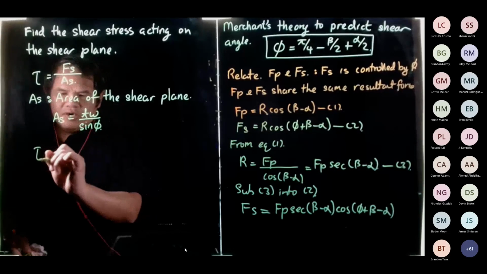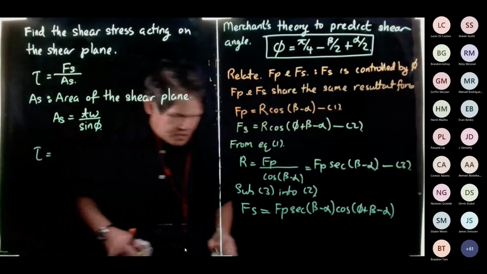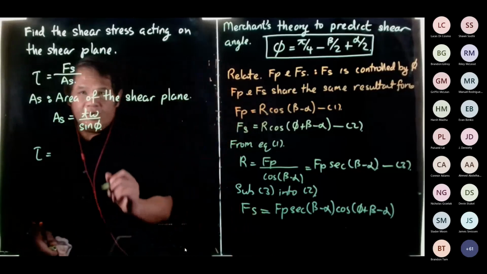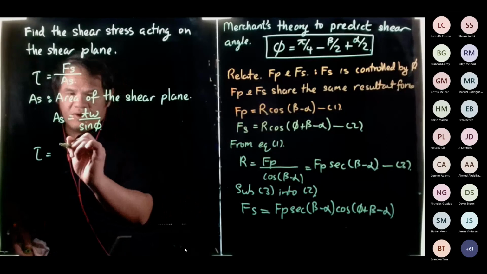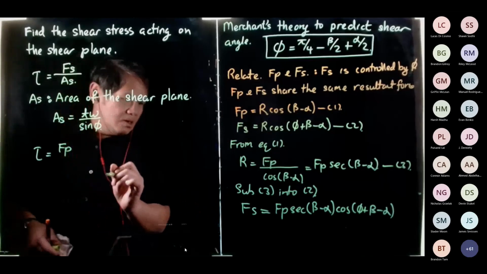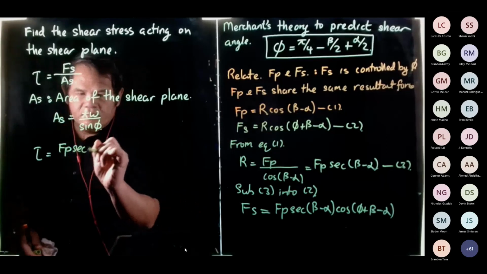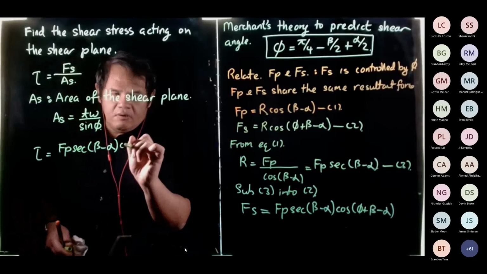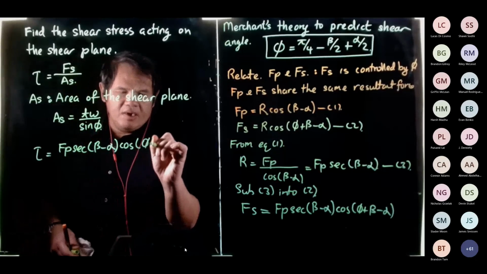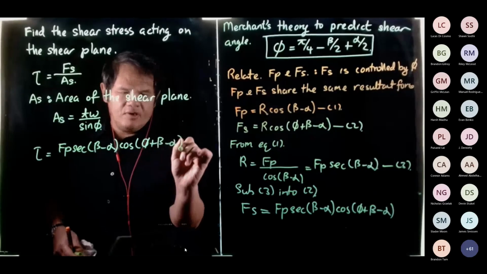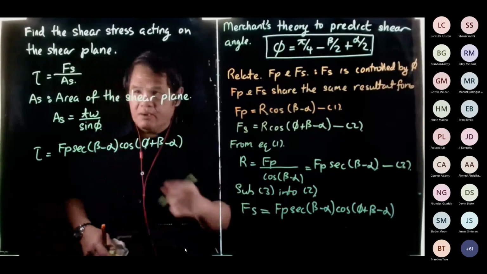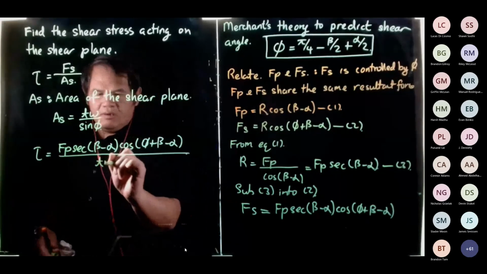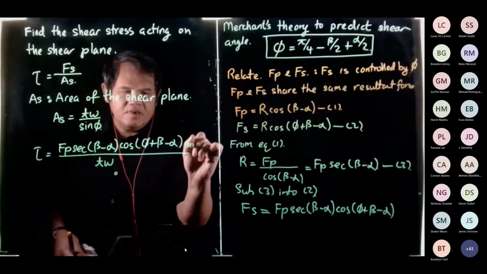So the shear stress, he come up with the shear stress is equal to Fs, which is equal to Fp secant beta minus alpha cos phi plus beta minus alpha divided by P omega sine phi.